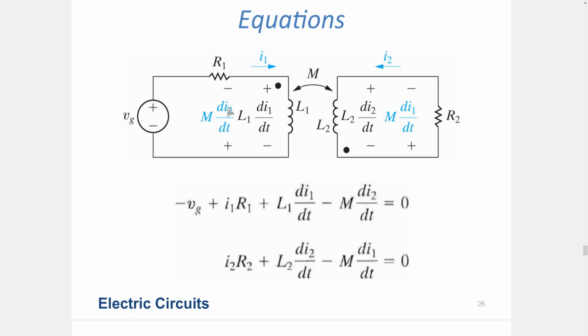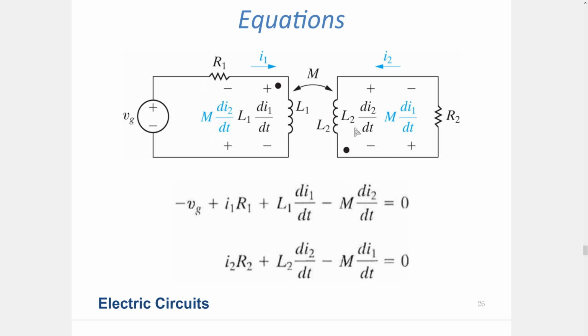So it will create some reverse polarity. As a result, I'm computing it with a negative sign, because it's opposing the direction of current flow. So their sum should be 0 on the primary side.